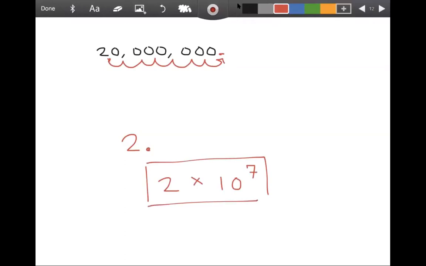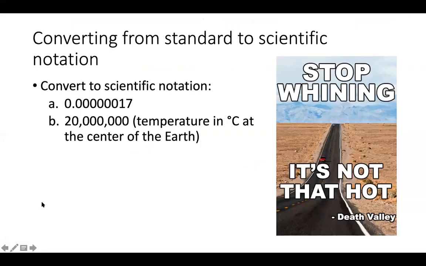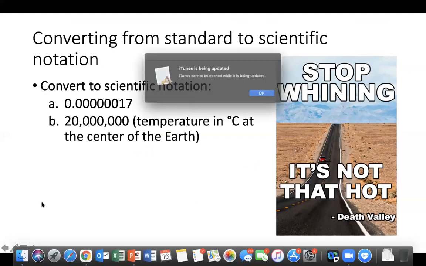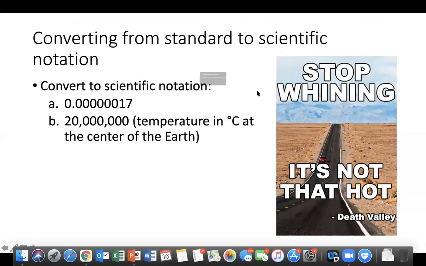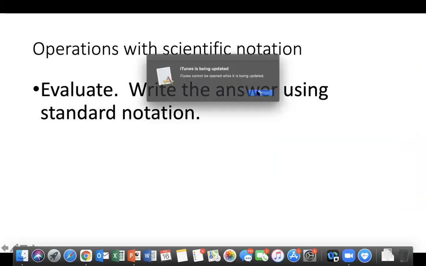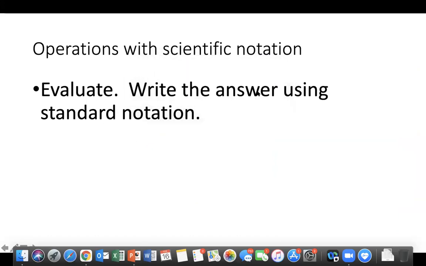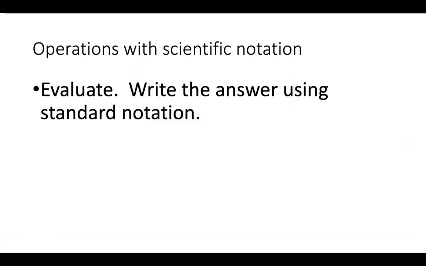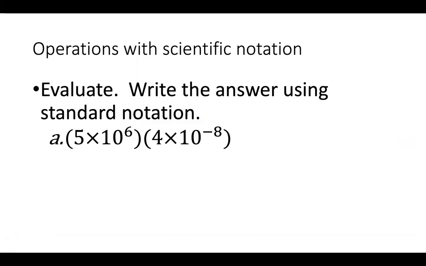All right, so I think that just leaves one more thing for me to show you, which is doing operations with scientific notation. So I'll just show you the examples. We're going to evaluate the following expressions and write the answer using standard notation. So first we have 5 times 10 to the 6th times 4 times 10 to the negative 8th.